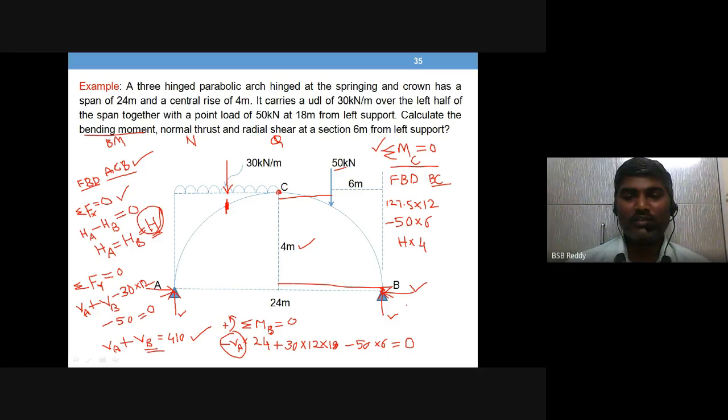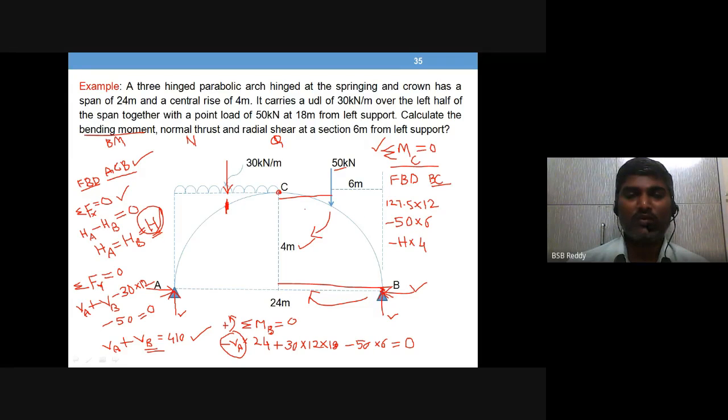And what is its sign convention? It is going to cause a clockwise moment. So again, same. 50 is also clockwise, and even H is also going to have a clockwise. Both are in the same direction. So minus. Right clockwise negative.